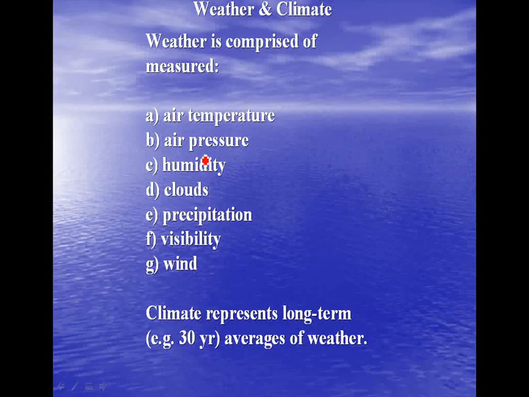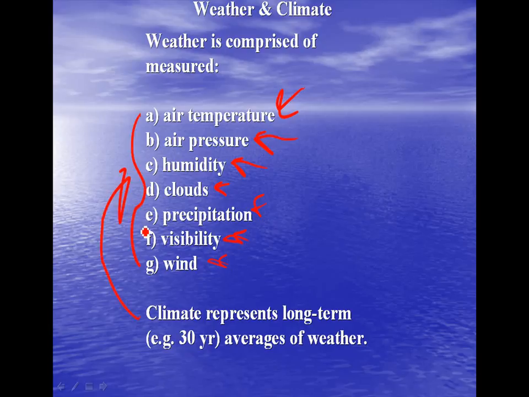Okay, let's just spend a couple of minutes here as we close out Chapter 1 talking about the differences between weather and climate. A lot of times these particular terms are used interchangeably. Weather is composed of these parameters here, such as temperature, pressure, humidity, clouds, precipitation, visibility, wind. Climate also uses these particular variables when describing components.